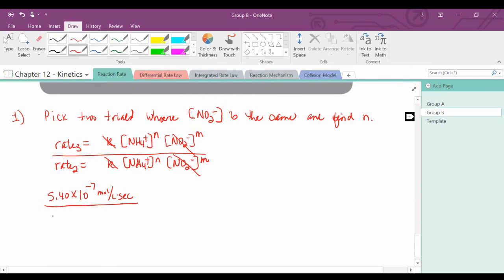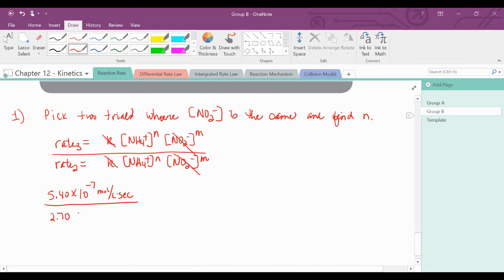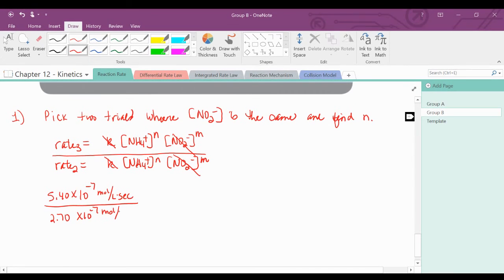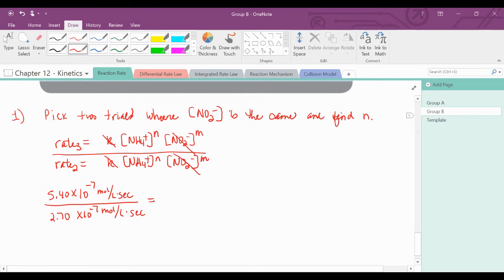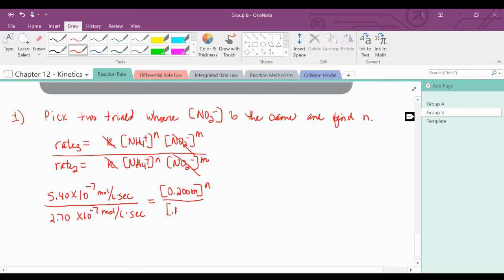Rate 2 is 2.70 times 10 to the negative 7. The concentration of the ammonium ion in trial 3 is 0.2 molar, and the concentration in trial 2 is 0.1 molar.